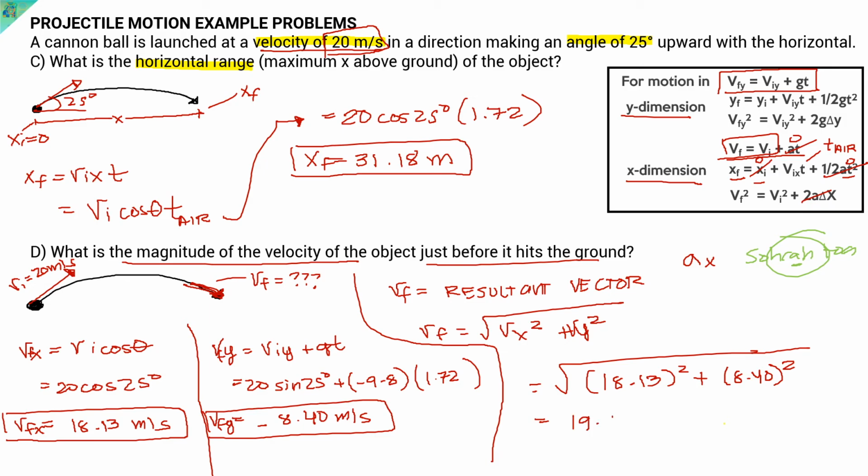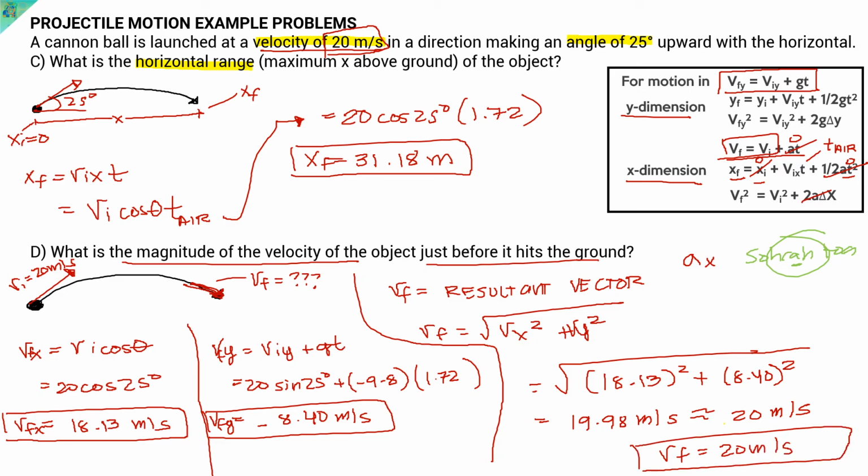19.98 meters per second. That's rounded off to 20 meters per second as our final velocity. And if you are going to observe, our initial velocity is actually 20 meters per second, and our final velocity is still 20 meters per second.